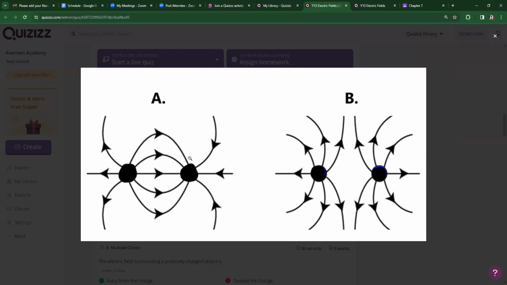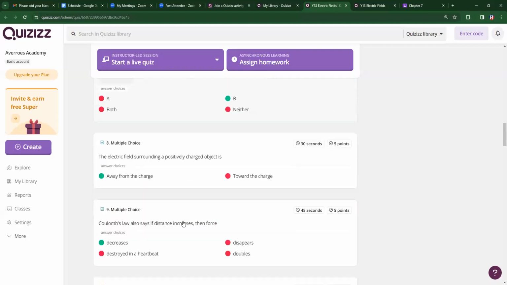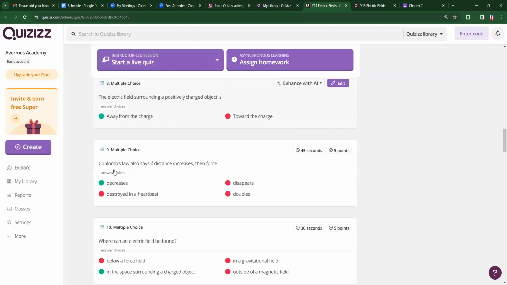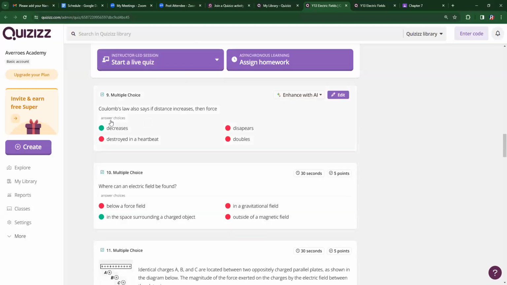Here it's opposite charges, here like charges. Both are out of, so positive. Both are positive charges, both are like charges. The electric field surrounding a positive charge is away. It's basically the same idea in all those questions: out of positive towards negative.